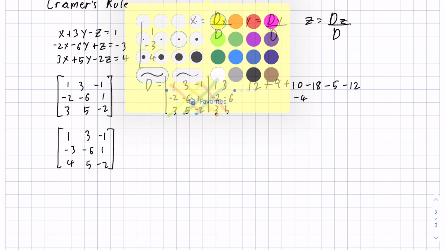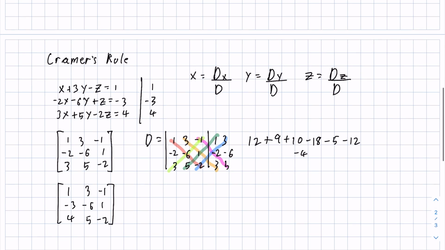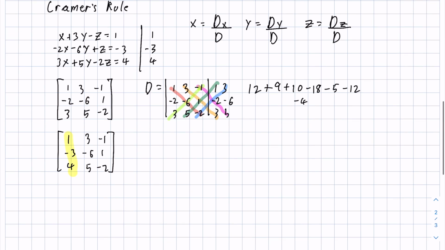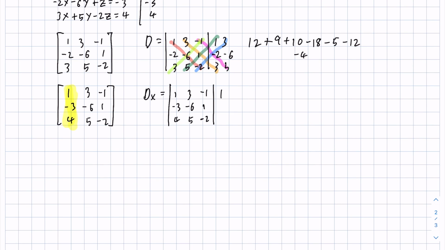Dx is, you probably guessed it, the determinant of this new matrix. So 1, -3, 4, 3, -6, 5, 1, 1, -2. Let's do this.